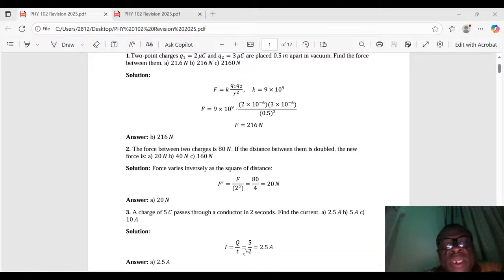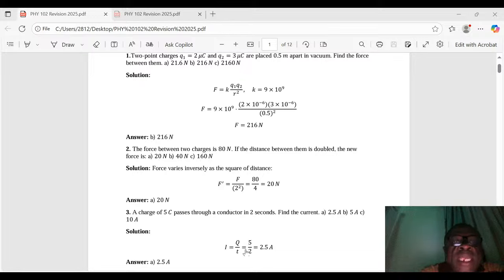The solution is there. The formula is F equal to K Q1 Q2 all over R square. K is a constant. The value is 9 times 10 raised to power 9. So if you substitute those values in the formula, what you now have is F equal to 216 Newton.